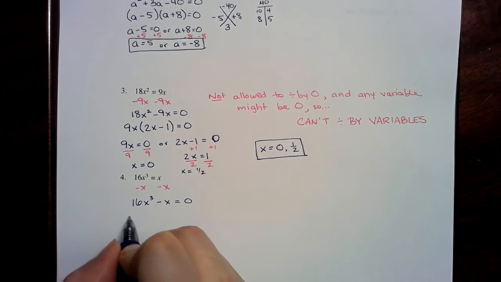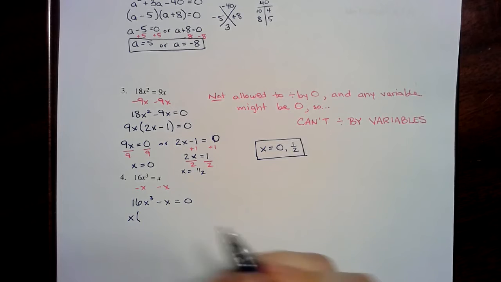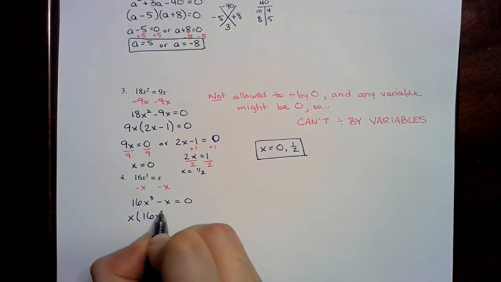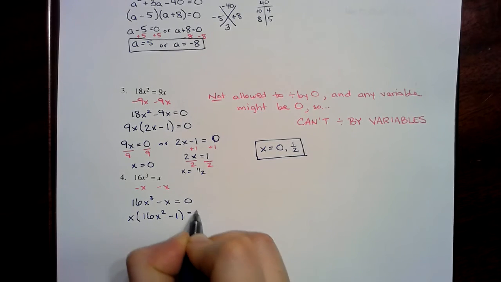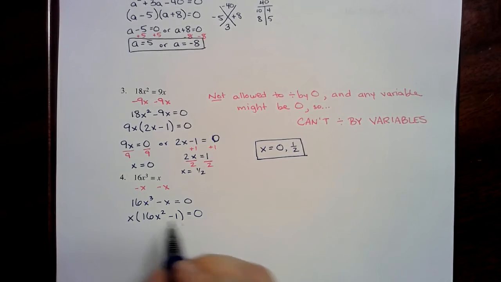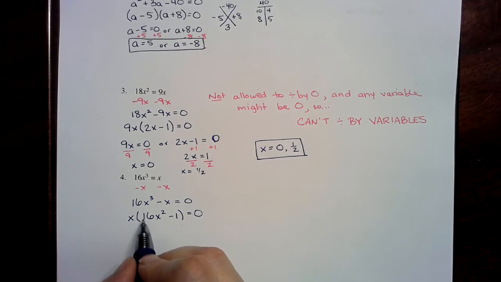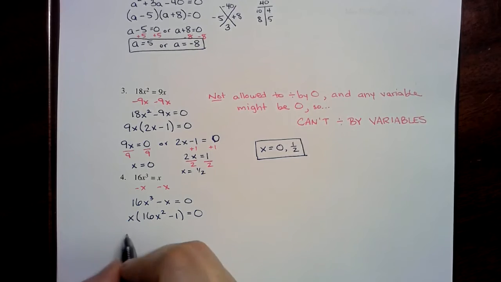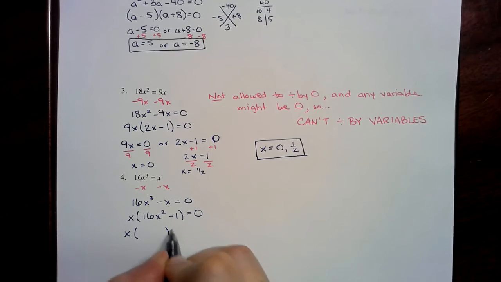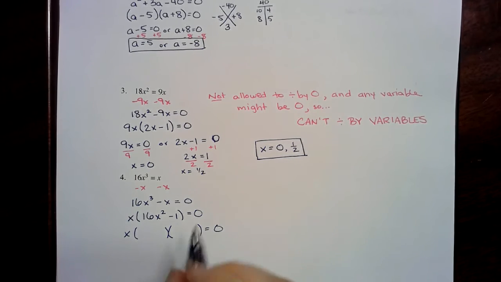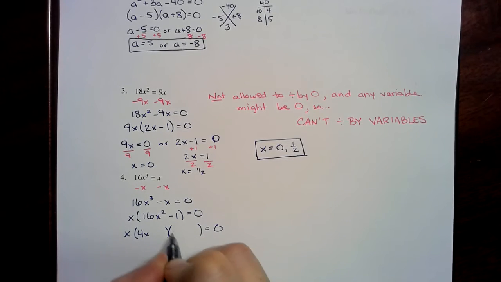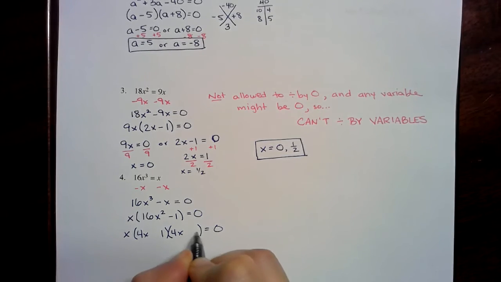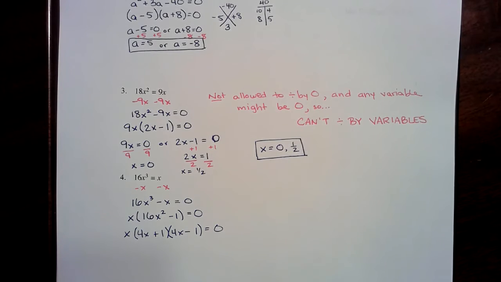First thing, I can factor out an x from here. And now this piece here, well, 16 is a perfect square, 4x squared, and 1 is 1 squared. So this is a difference of squares. So I can factor that more, using my difference of squares rule.